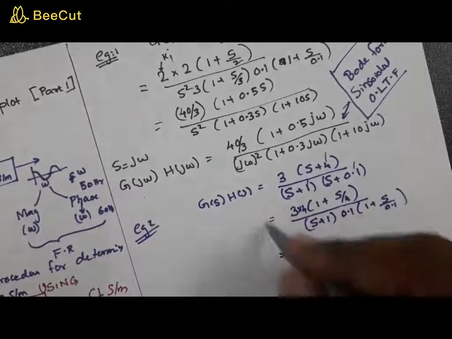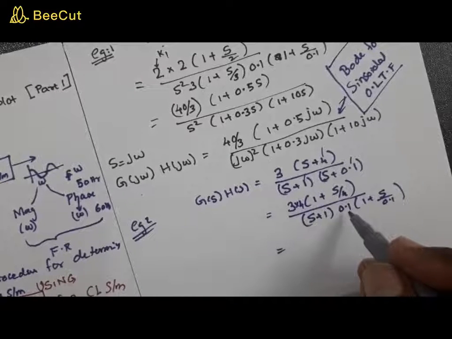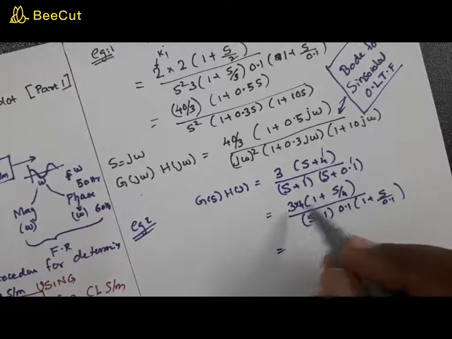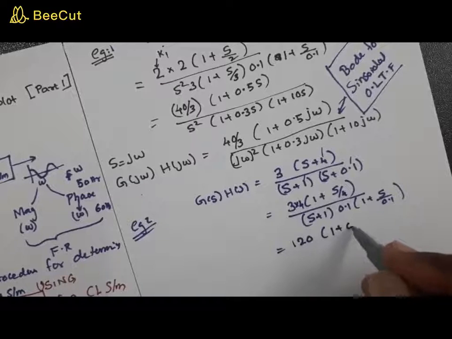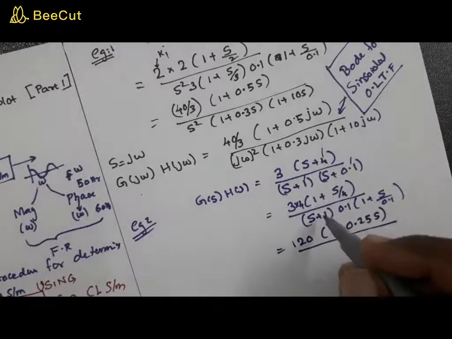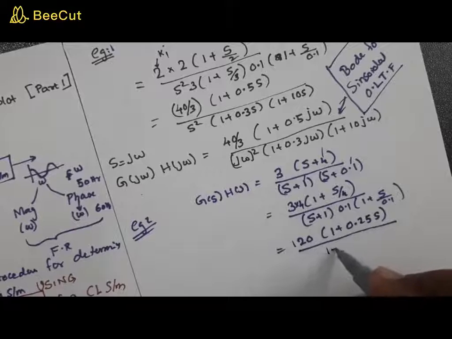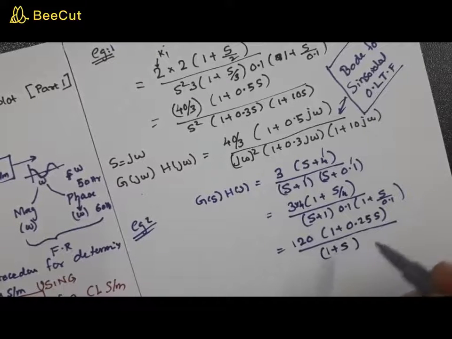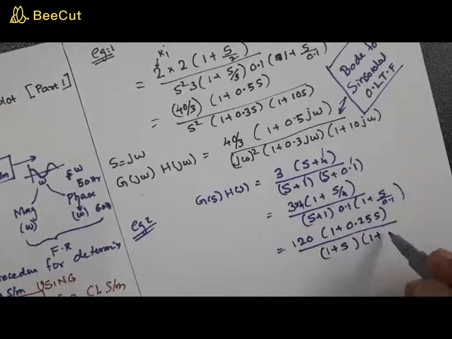So after the necessary calculation, you can see that this is 12 divided by 0.1, or 12 into 10, or it is 120 into (1 plus 0.25 s) divided by, you don't need to convert this because it is already 1, so it's already in the Bode form. So this is (1 plus s) into 1 by (1 plus 10 s).